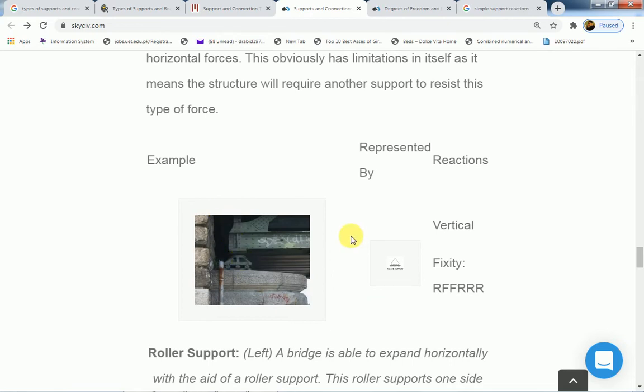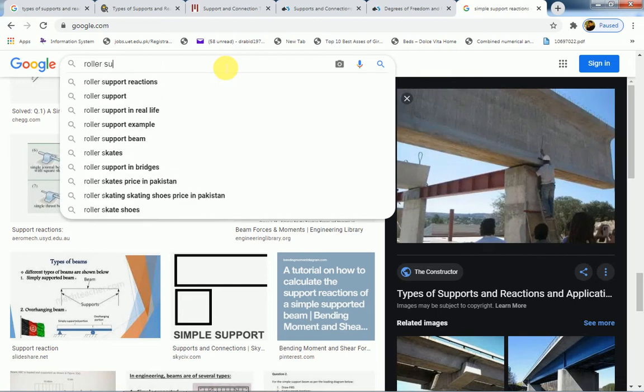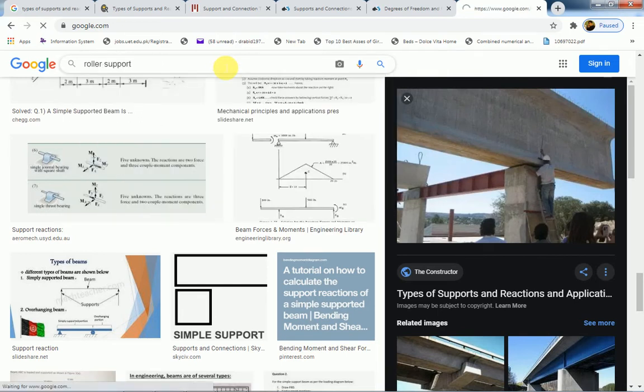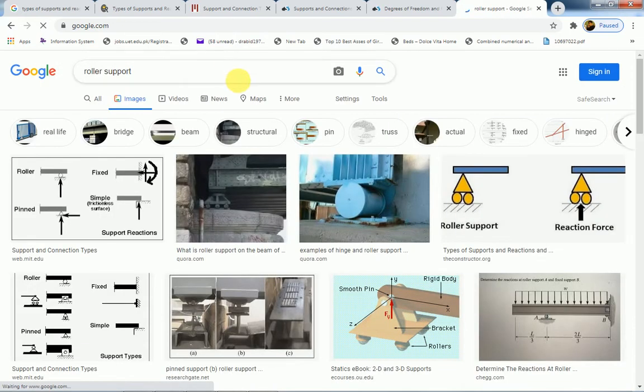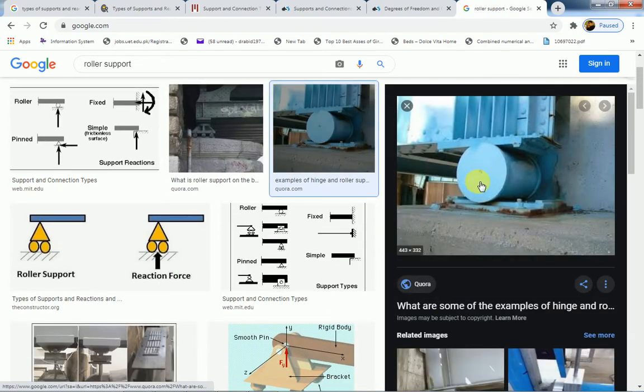Let me show you the roller support in another diagram. Check it out. There is a roller on this bridge like structure.